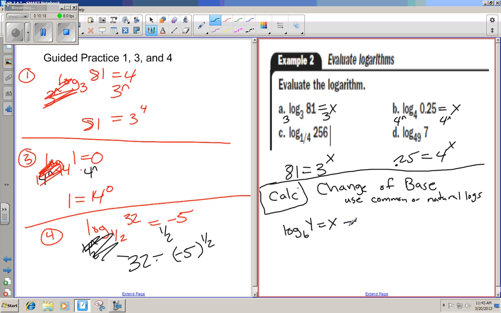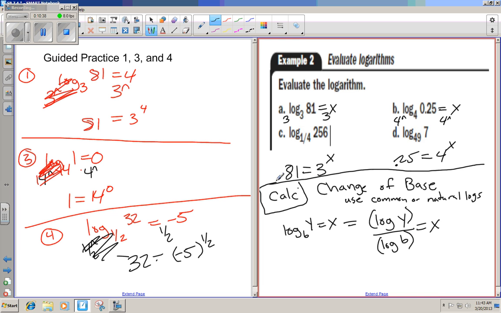So you would take the common log of y, divide by the common log of b, and that is what x is going to equal. Of course, you want to put parentheses around the top things.